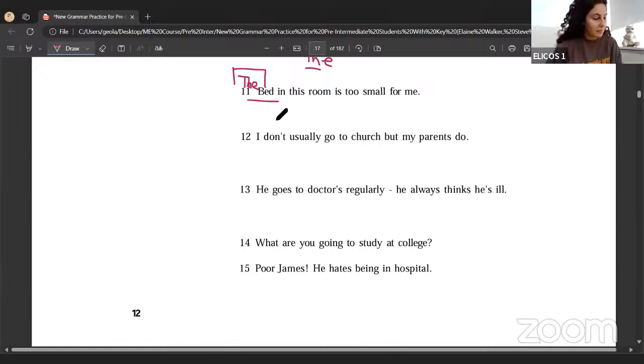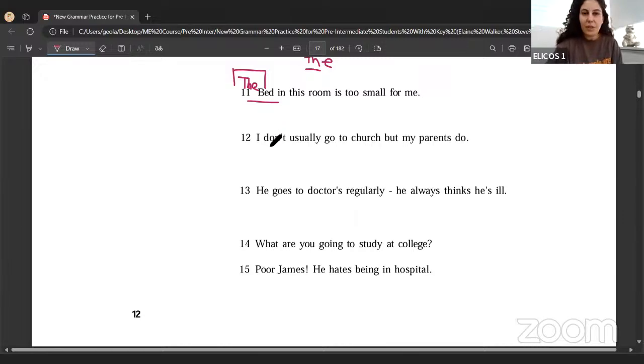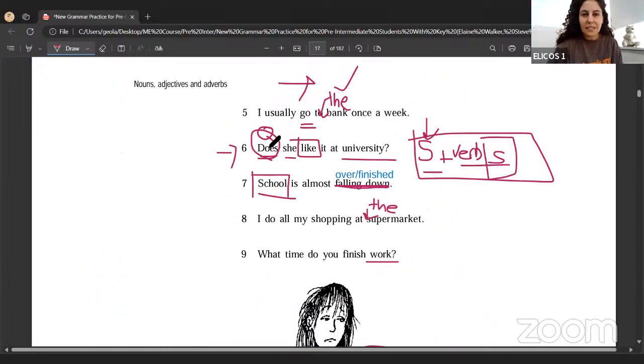School is one of the ones where it's just a rule that breaks it. So this one, you don't put the. I wouldn't say the school is almost over. I would just say school is almost over. So again, some words break the rule, and this is one of them.